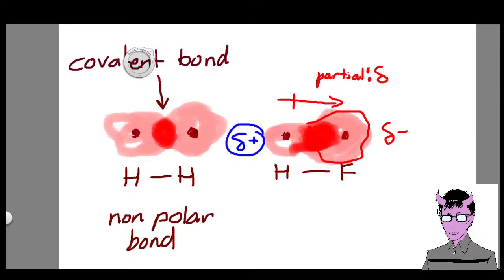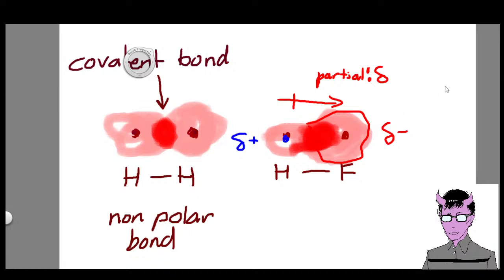So this partial positive means that this nucleus core is slightly more exposed than if you compare it to the one on the periodic table, because the one on the periodic table has a full electron around it. This one only has less than a full electron around it. How much less? Well, you have to look at the numbers.